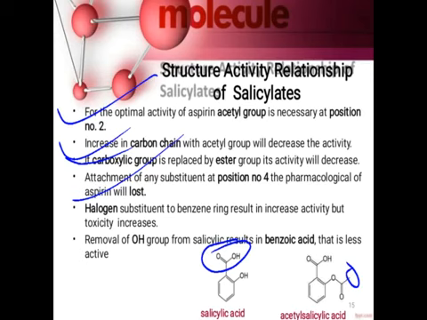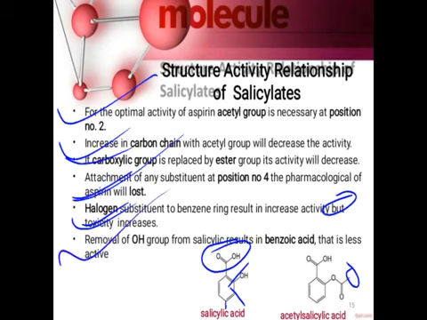This is the second position, this is third, this is fourth. If we attach a halogen group to aspirin or any salicylic acid, it will increase the activity. But as we know, if we attach a halogen, its toxicity also increases. So it is better not to attach a halogen group.